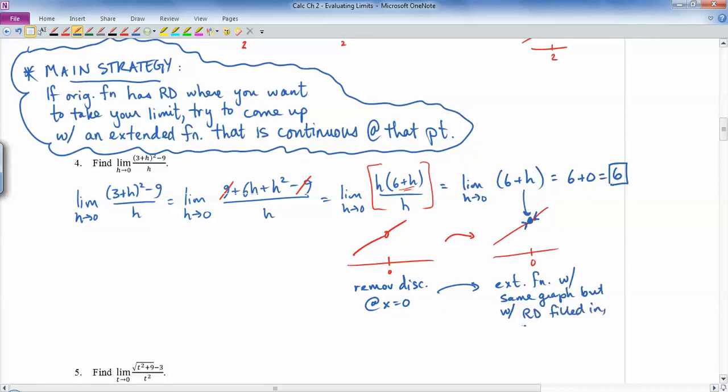So now it's continuous, well, at least it's continuous at x equals 0. So the point is that you don't have to analyze it any other way. You filled in the hole, so just plug in the value and you can get what these arrows are pointing at. Okay, I'm going to stop there and then continue in another video.